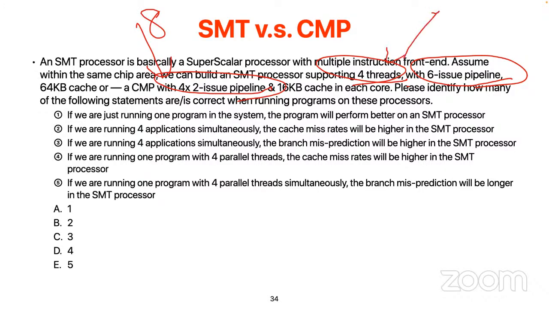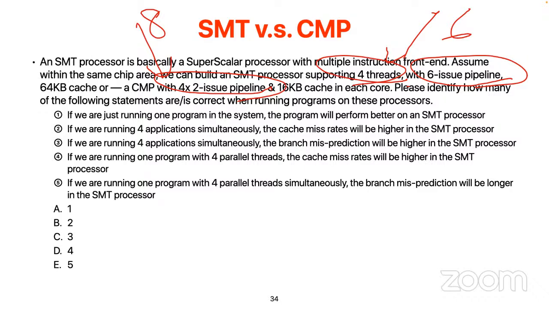Sorry, for CMP, if you do things carefully, it's 8, and if you have SMT, it's going to be 6 in total. Pretty similar to the Nehalem and Alder Lake comparison, right? Remember, Alder Lake has 5 ALUs, and Nehalem has 3 each. So I'm doing a pretty reasonable comparison at this point.